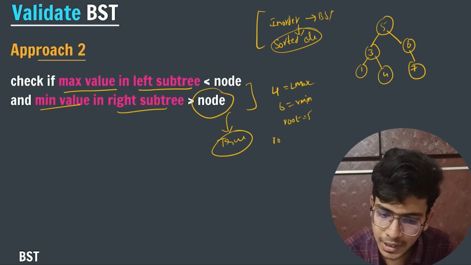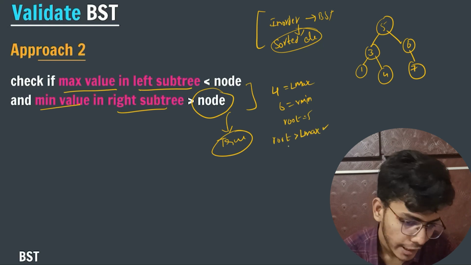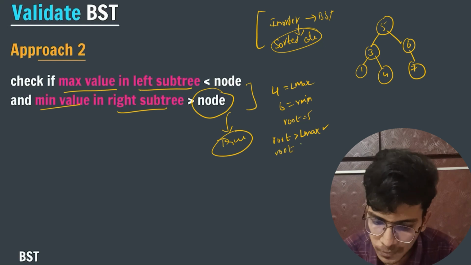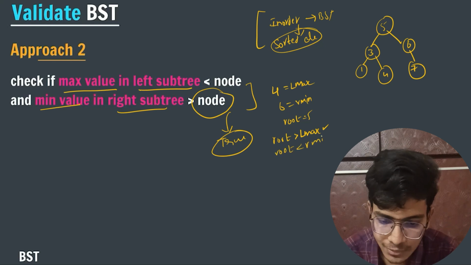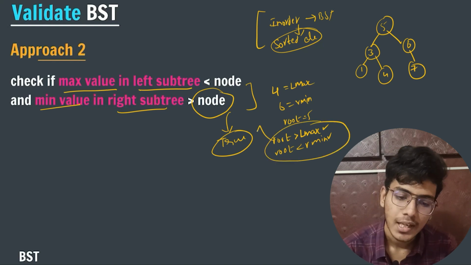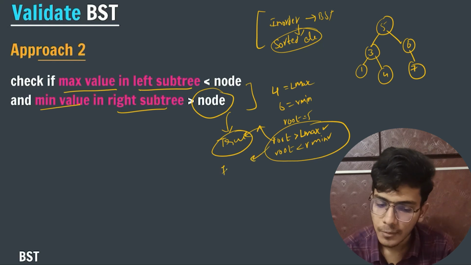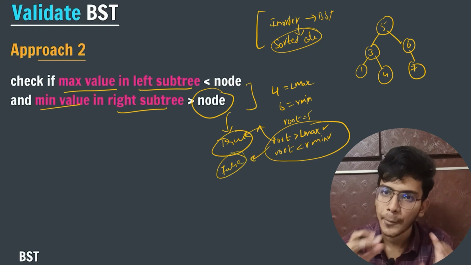So my root node is greater than the left part maximum value, and my root node is less than my right part minimum value. Both are satisfied, so I will return true as my output, else I will return false. This is our approach 2.